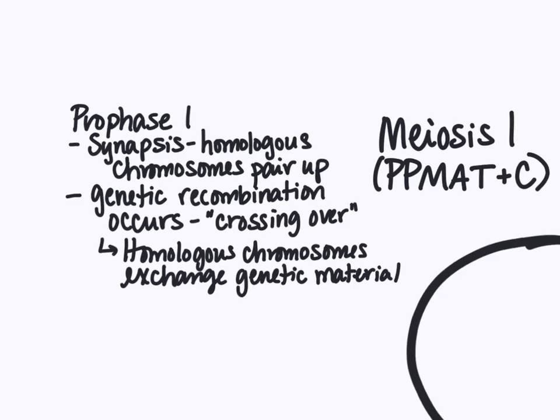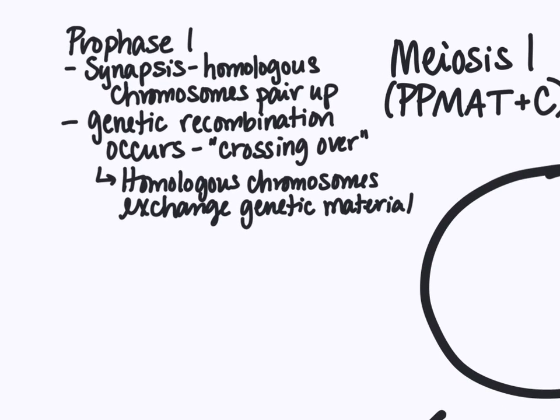So to help illustrate that, we would have our homologous chromosomes lining up or pairing up with each other during synapsis. And then what happens is that the homologous chromosomes are essentially going to switch arms with each other.